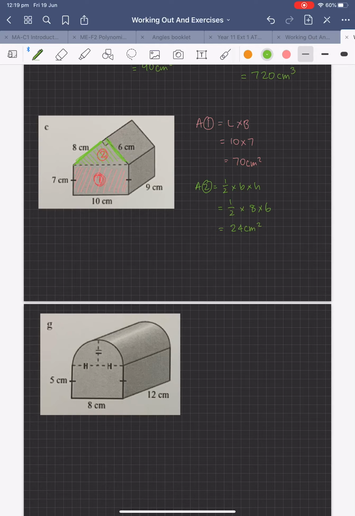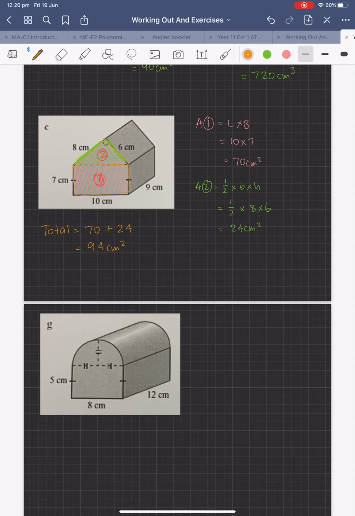The total area of the whole face is 70 plus 24, which is 94 centimeters squared.